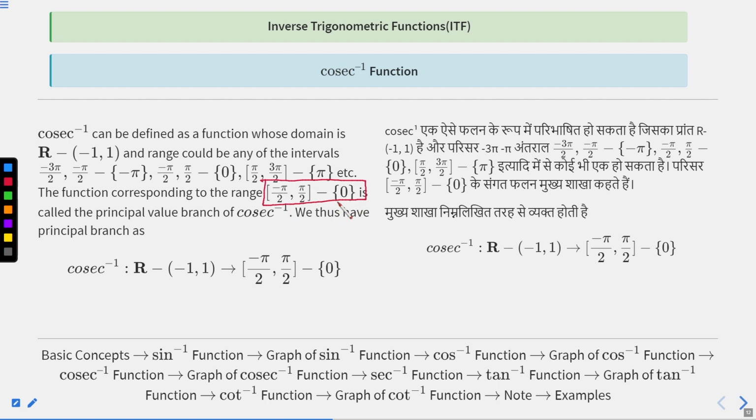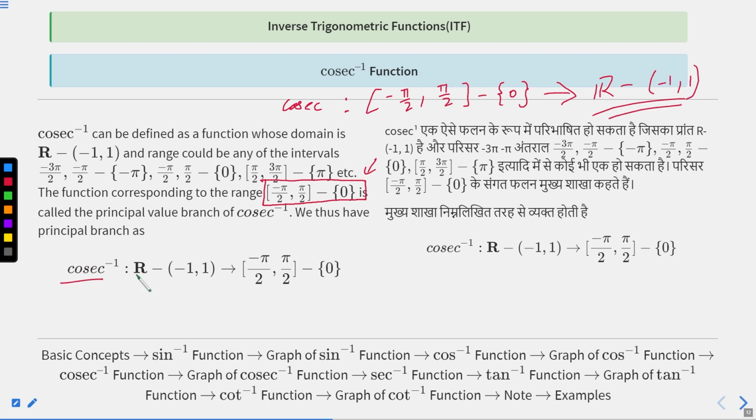The domain will be minus pi by 2 to pi by 2 except 0, and the codomain or range will be R except minus 1 to 1. And cosec inverse we can define respectively.